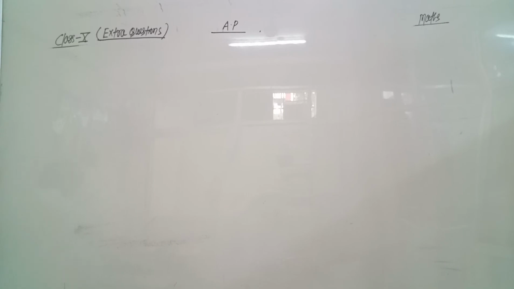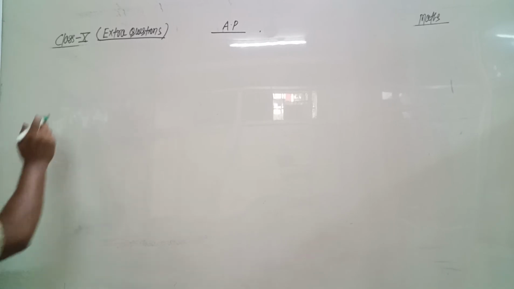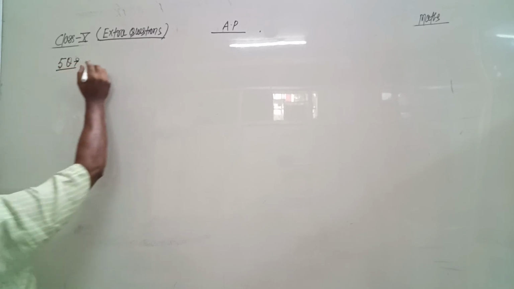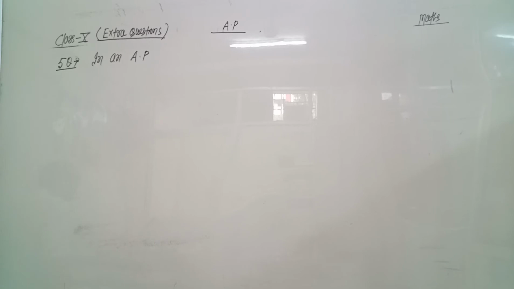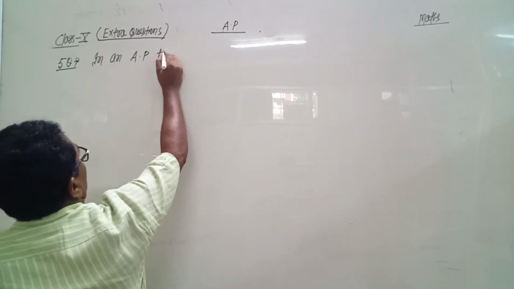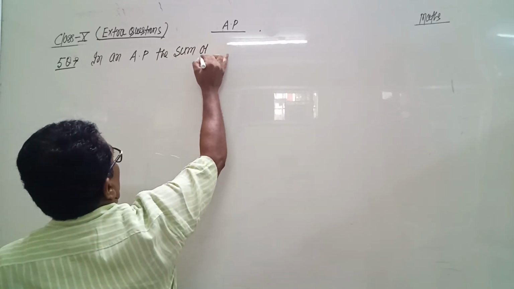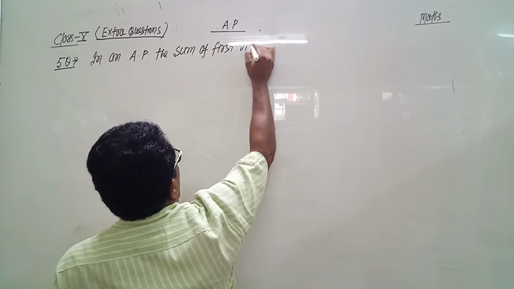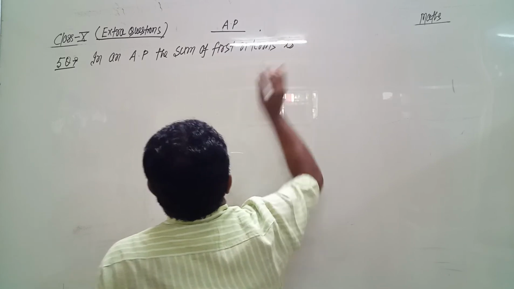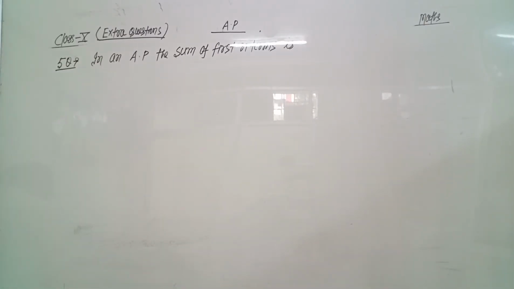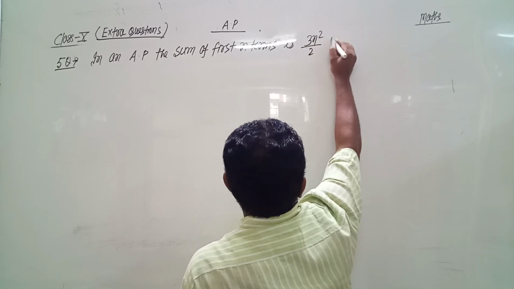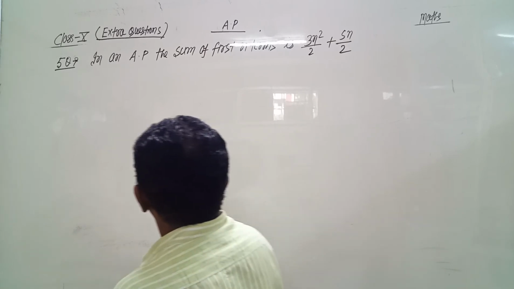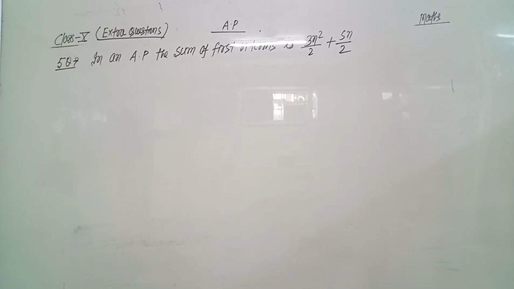Now question number 5. In an AP, the sum of first n terms is 3n square by 2 plus 5n by 2.